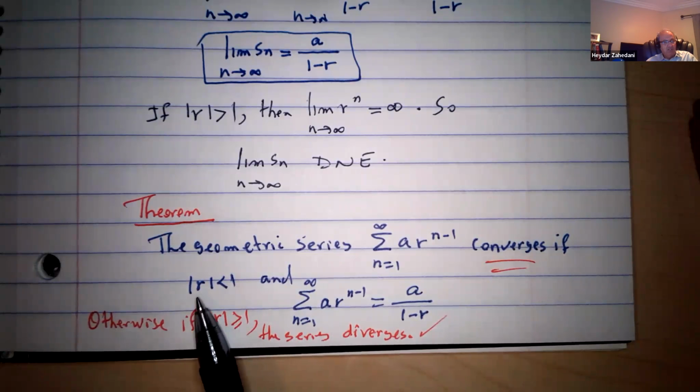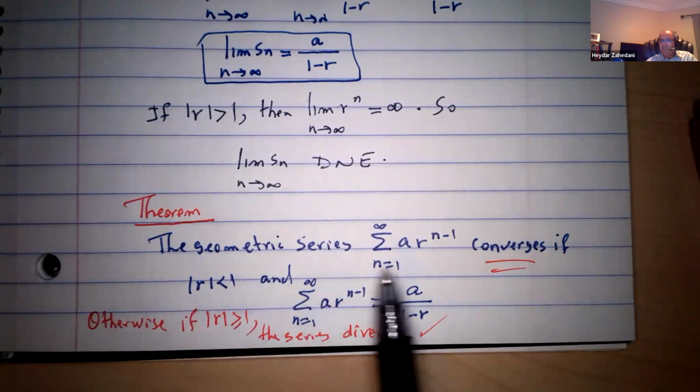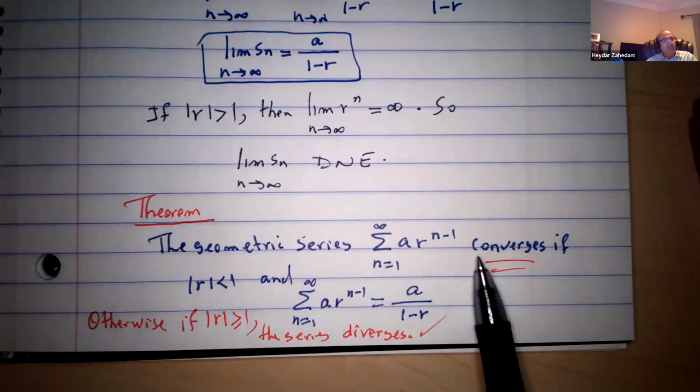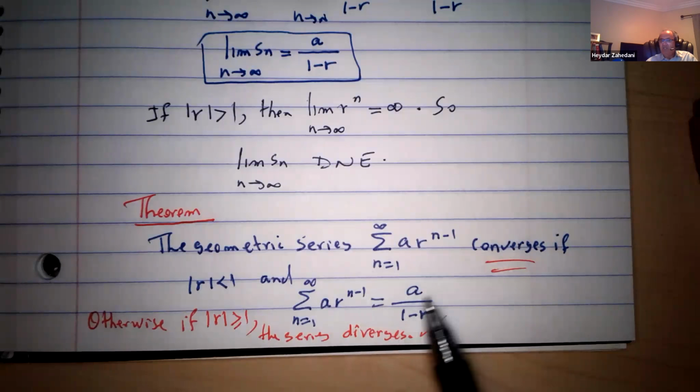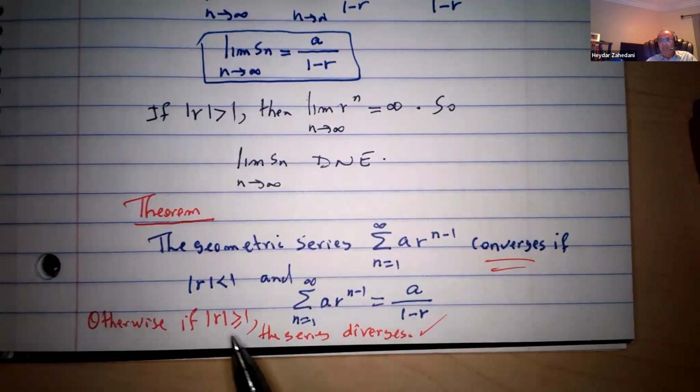If it's less than 1, your series is convergent, and you can find the sum of the series using this formula. If the absolute value of r is equal to 1 or greater than 1, your series diverges and you cannot do anything about it.